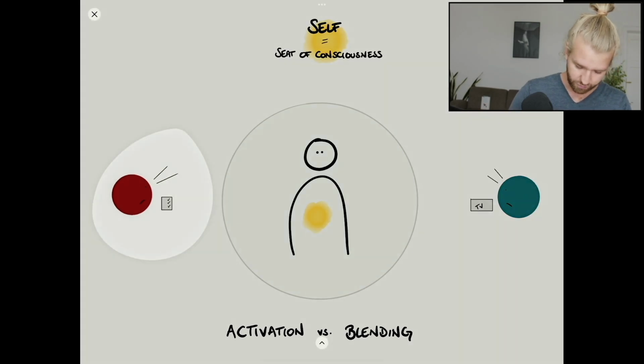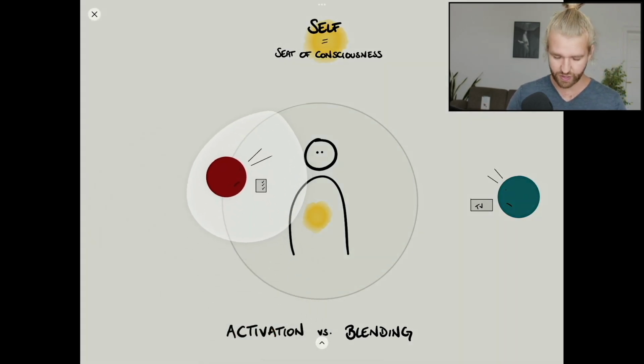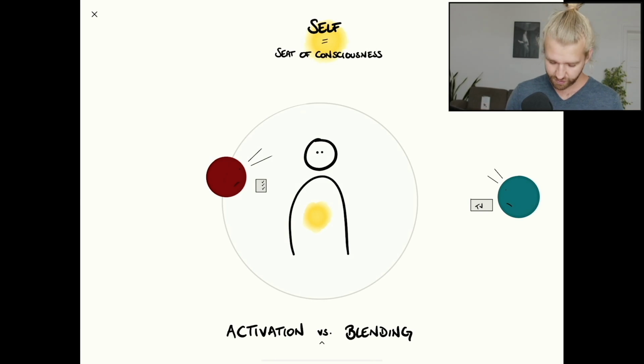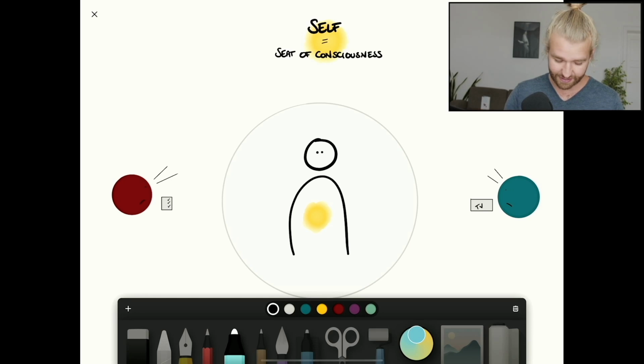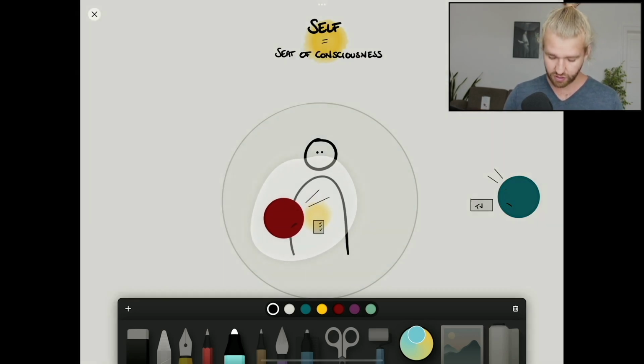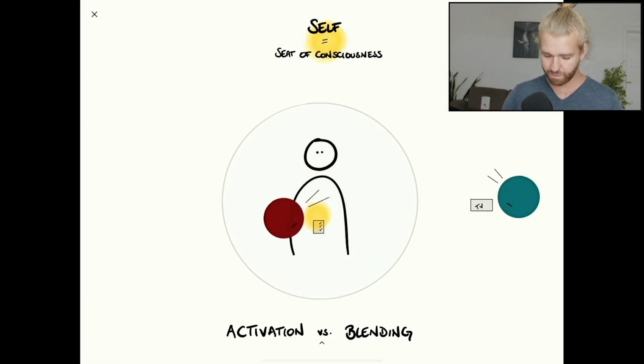On the other hand, what we talked about as activation would be when a part is active, but it doesn't take over the seat of consciousness, or at least it doesn't take over the seat of consciousness completely. So basically an activation would be a situation where a part is present, but there's also self present. And that's a completely different thing, because if there is self present, whatever that means, and we'll talk a little bit more about that in a moment, I have wiggle room.